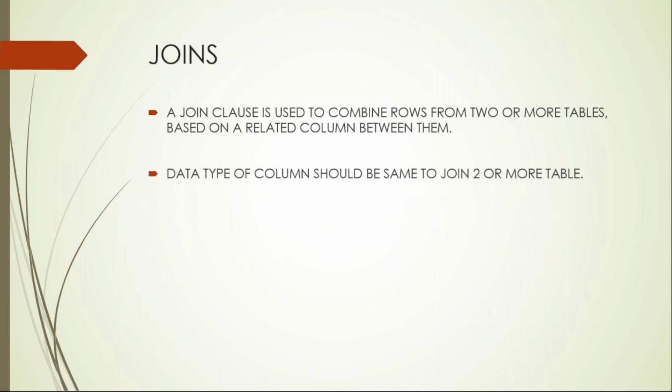The data type of the column should be the same. Okay? Not necessarily do we use it on the primary key, foreign key columns. We can use it on any two columns, but the data type has to be the same. Okay, but it is preferably used on parent and child tables in the projects.